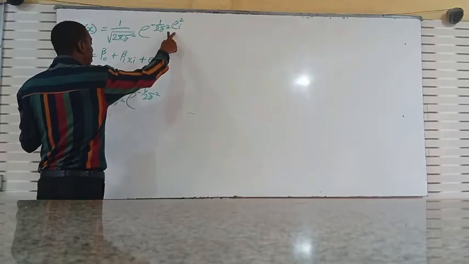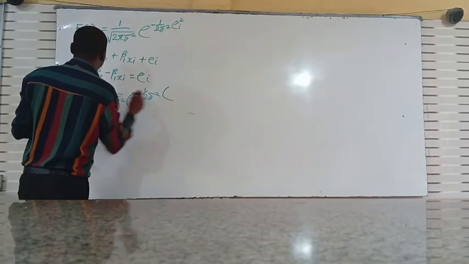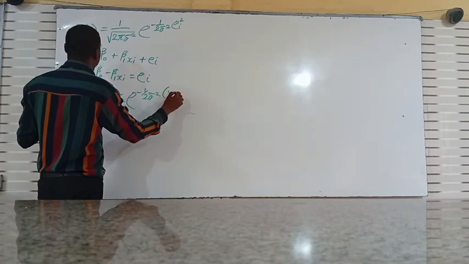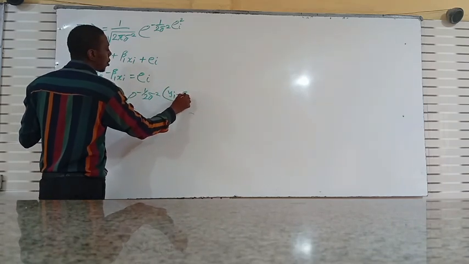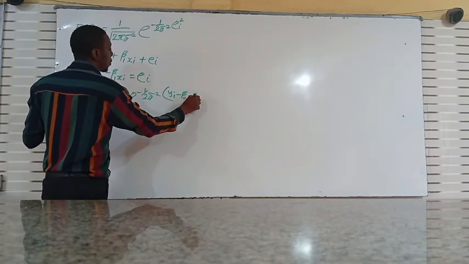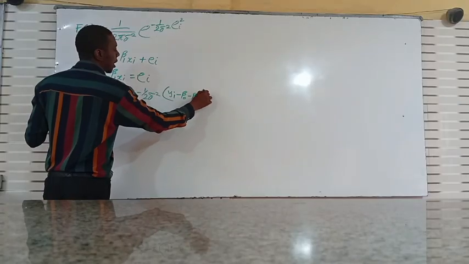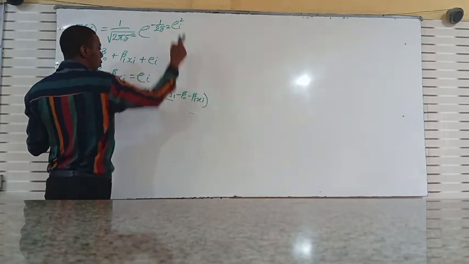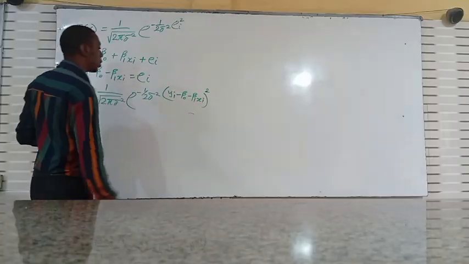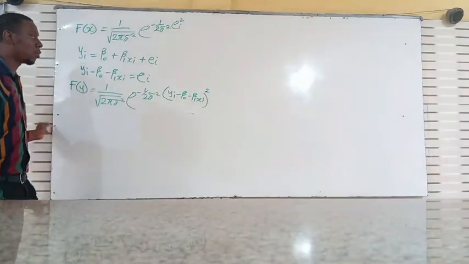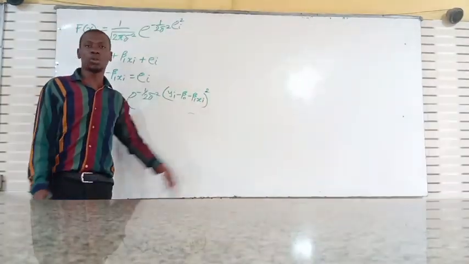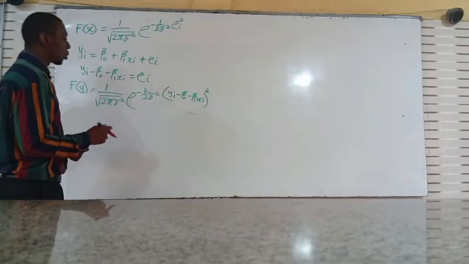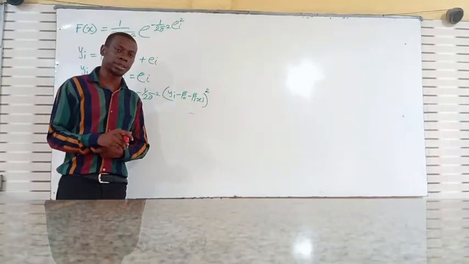Instead of writing this error, we are putting the value of the error, which is now yi minus b naught minus b1 xi. If you see, the error is raised to the power of 2. So this one is also raised to the power of 2.